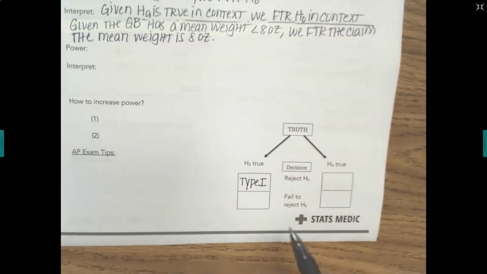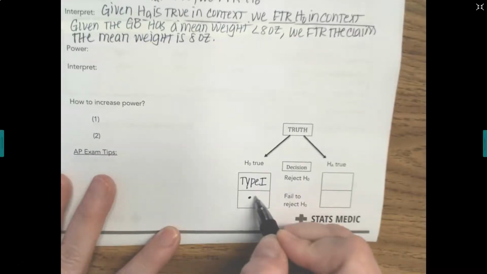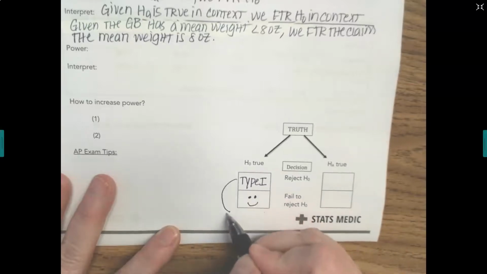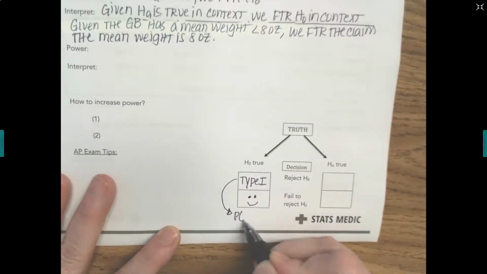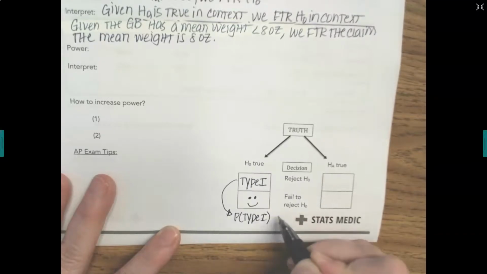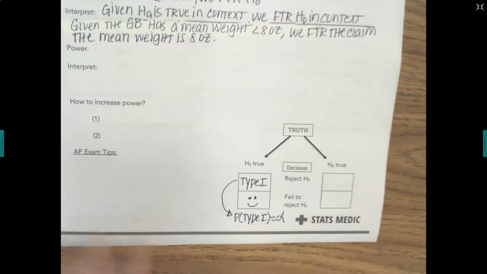Okay. If your null is true and you fail to reject the null, that's exactly what you wanted to have happen. So that's a good thing. I want to remind you that the probability of a type 1 error is your alpha level. So alpha 0.05 is a 5% probability of making a type 1 error.